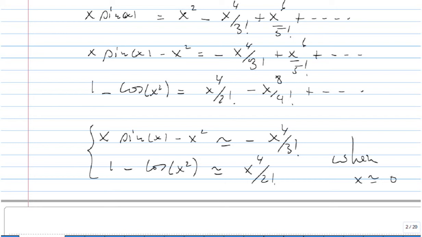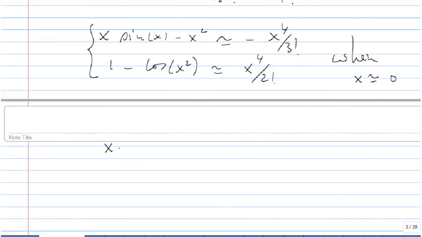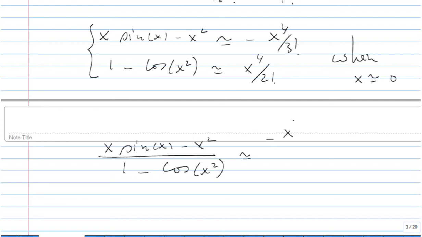So now if we take the ratio, we see that x sine x minus x squared over 1 minus cosine of x squared is very close to minus x to the 4 over 6 (3 factorial is 6) divided by x to the 4 over 2 (2 factorial is 2).